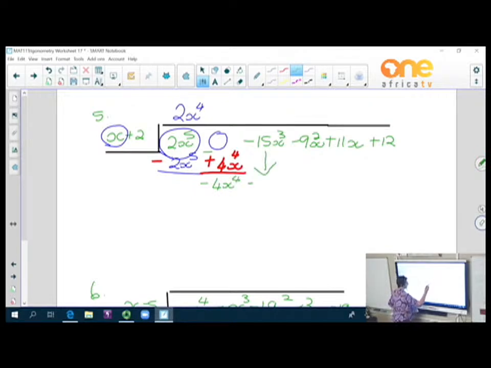Bring down the negative 15x3. So I'm still going to look how many times will this one divide into this one. And that is negative 4x to the power of 3. Now we multiply, so it's negative 4x4 minus 8x to the power of 3.